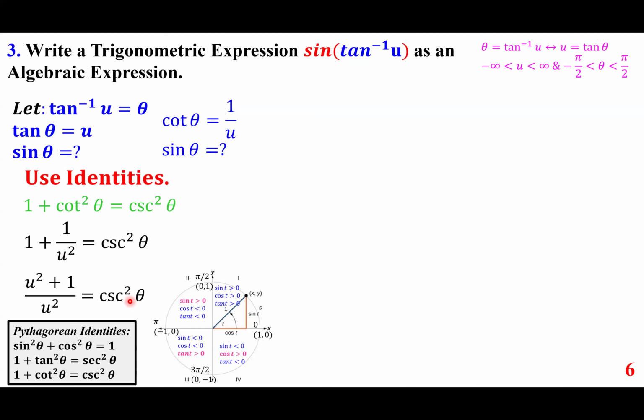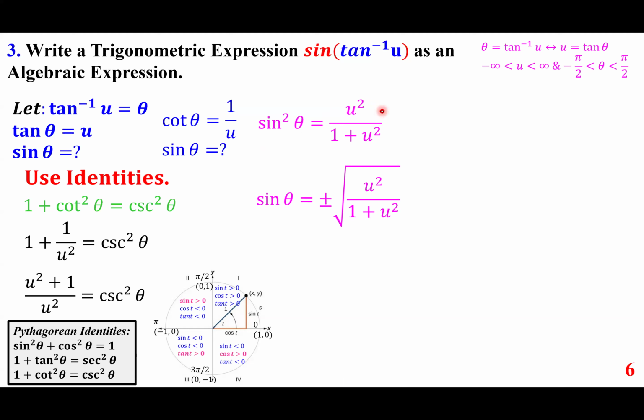Cosecant is 1 over sine. So the reciprocal of this would be sine squared, and the reciprocal of this would be u squared over 1 plus u squared. So that's the relationship between sine and cosecant. So sine is plus or minus the square root of u squared over 1 plus u squared.